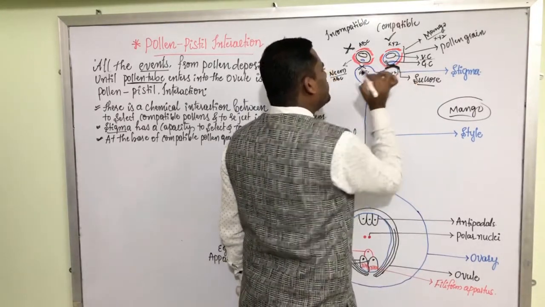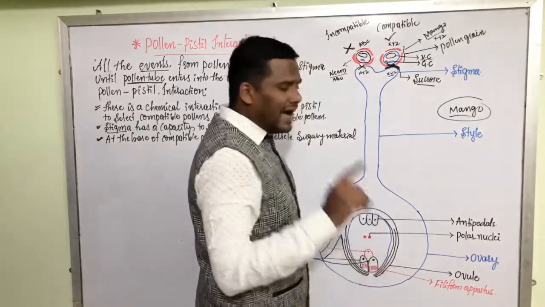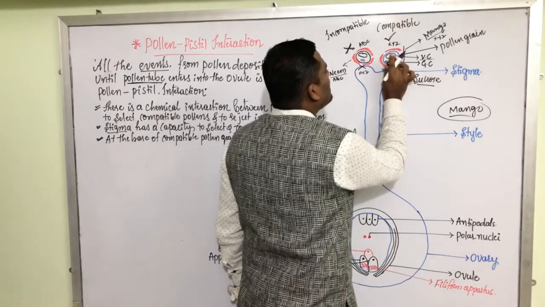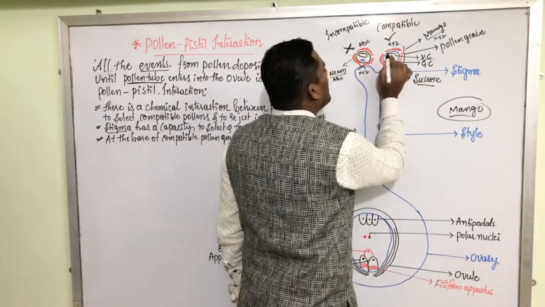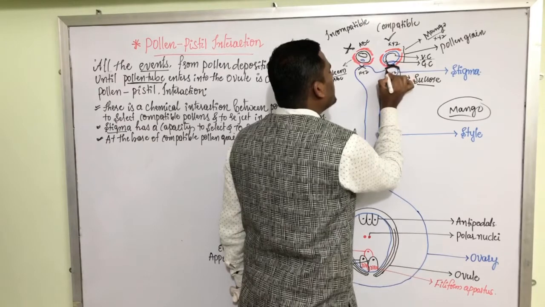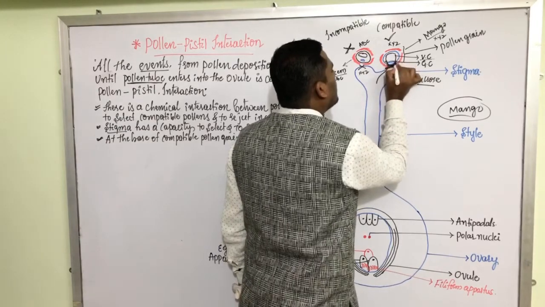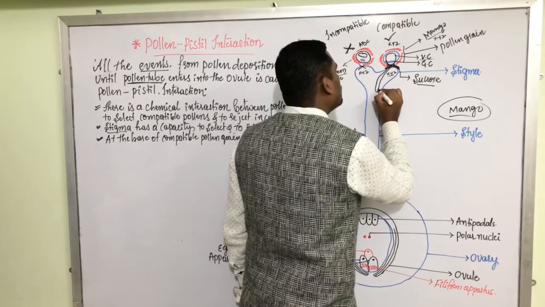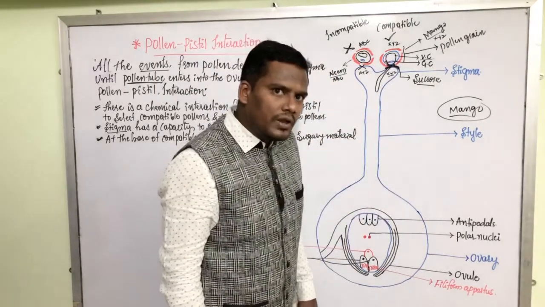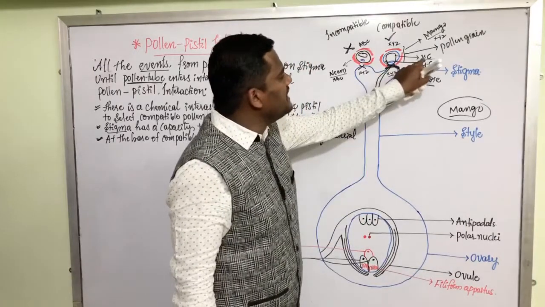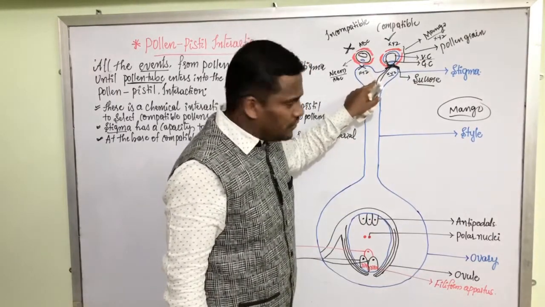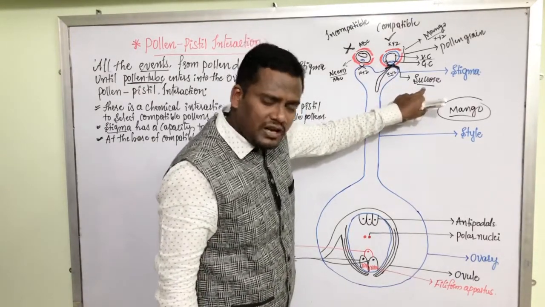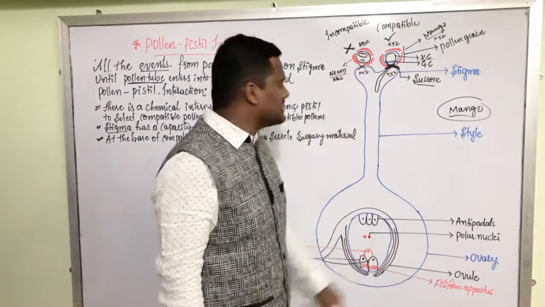Sucrose enters the pollen grain and stimulates the vegetative cell, and the vegetative cell starts producing a tube. Which cell produces the tube? The vegetative cell produces the tube after getting stimulation by the secretion secreted by the stigmatic surface.